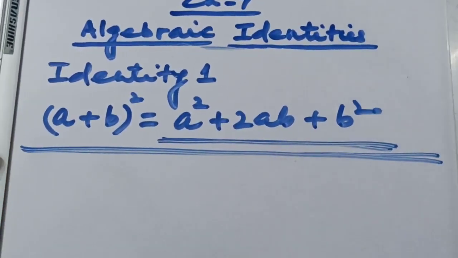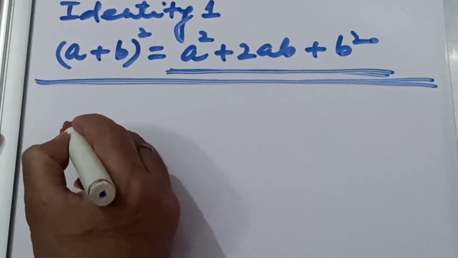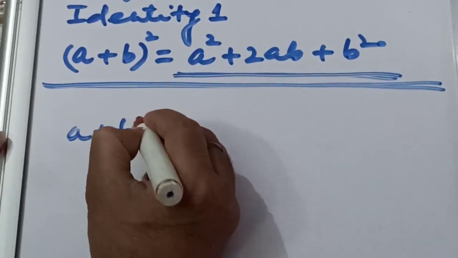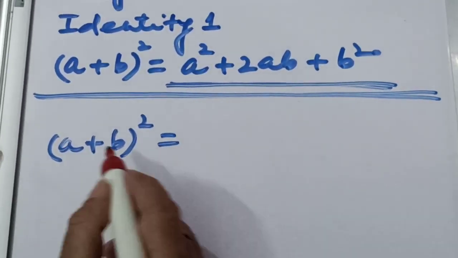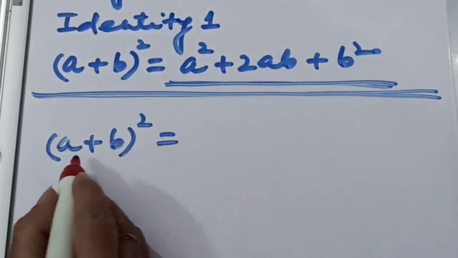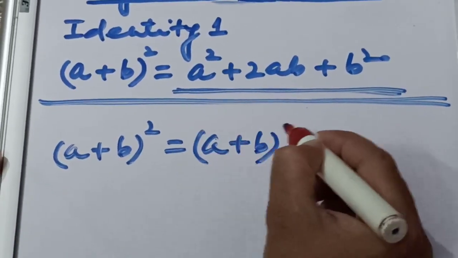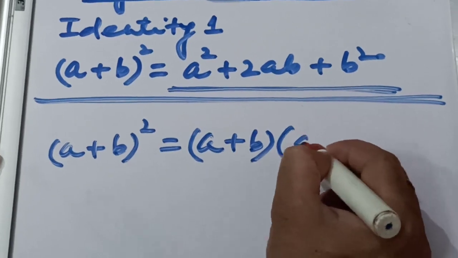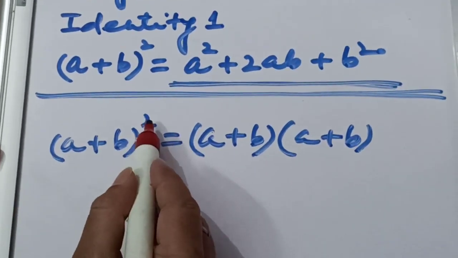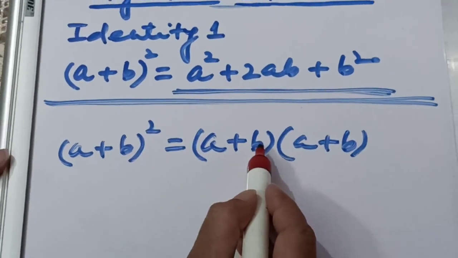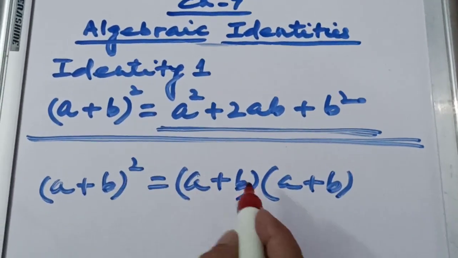So see carefully. Square of a plus b. It means a plus b का whole square. You can write a plus b, a plus b. A plus b का whole square means a plus b into a plus b.